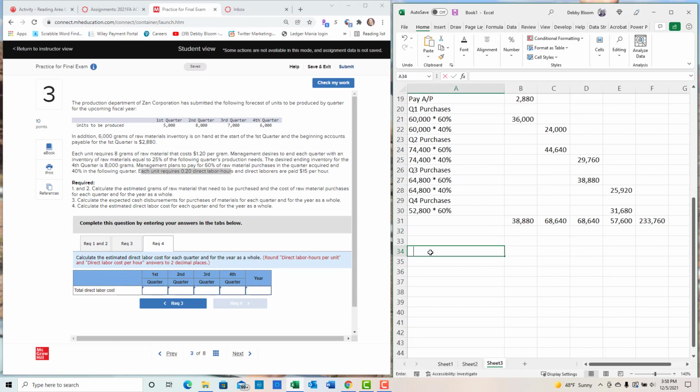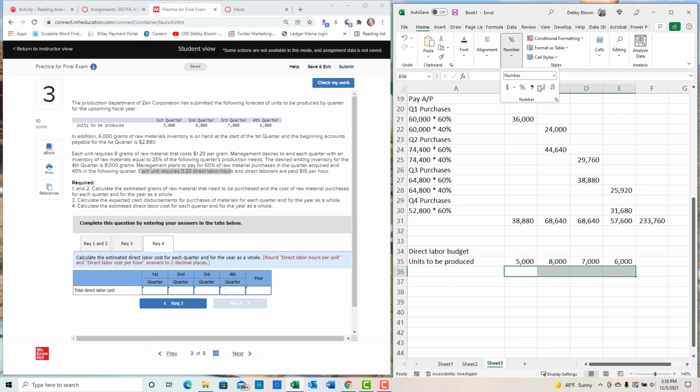So once again, for our direct labor budget, we start off with our units to be produced. That's given in the problem as 5,000, 8,000, 7,000, and 6,000. Again, very nice. We don't have to worry about our beginning inventory.